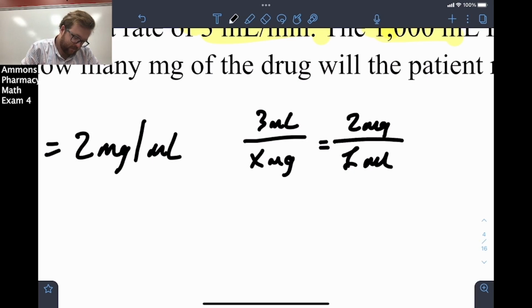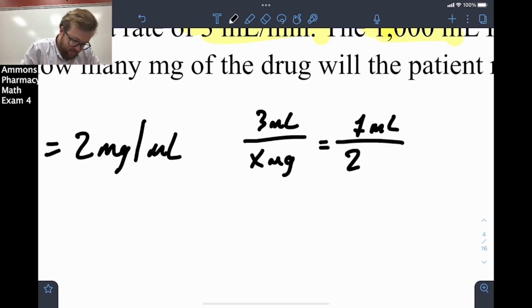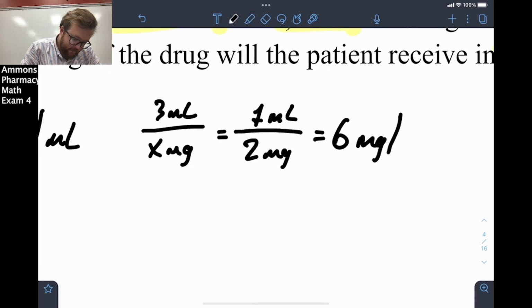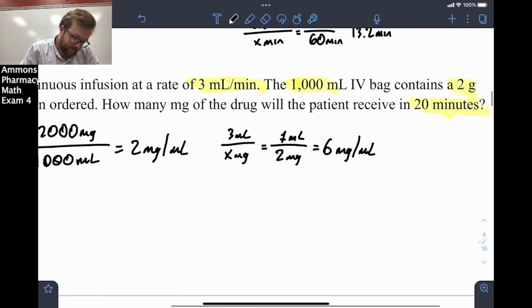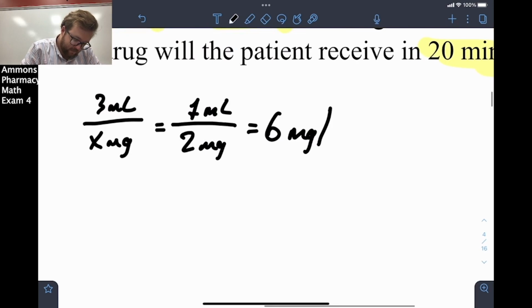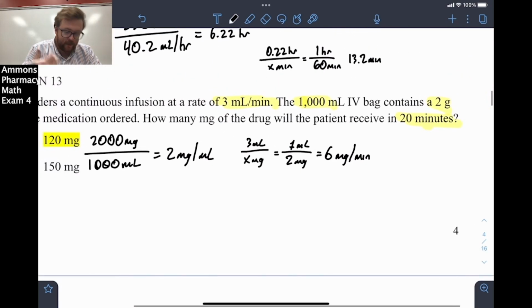I flip that. And there are basically 6 milligrams per minute going by. Okay, 3 mils are going by every minute. We know our drug is containing 2 milligrams for every one of those that's going by each minute. So you could basically say that we are giving him 6 milligrams per minute.